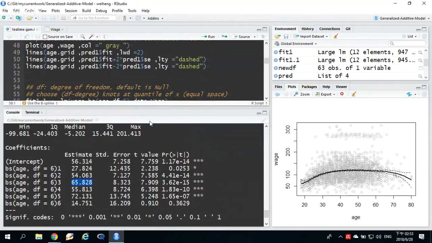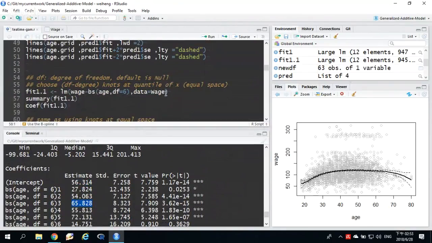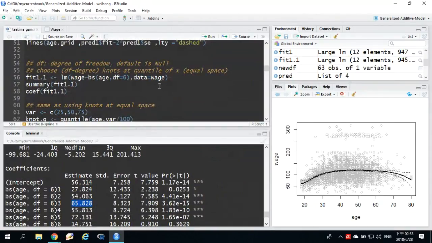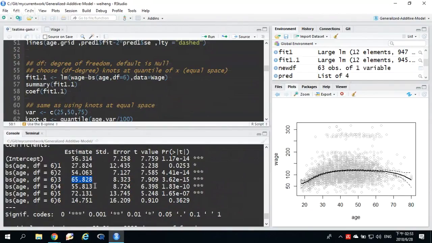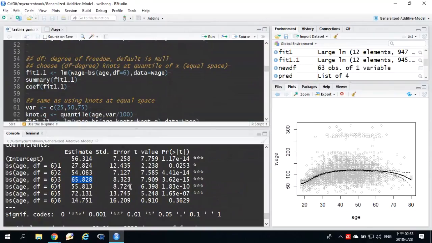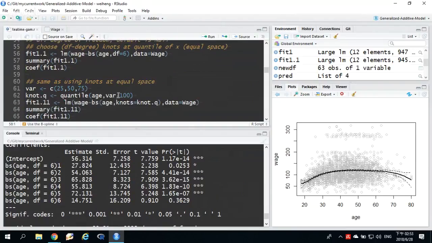And if you want to choose in this way, you can use another way instead of using df equal to 6. How do we know these knot values? In this function, they decide to put the knots at equal spacing.